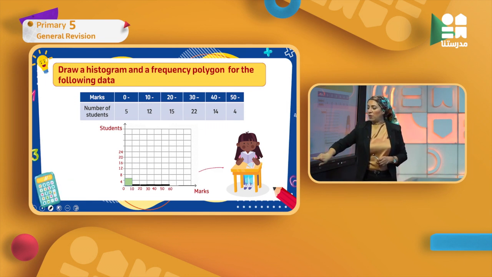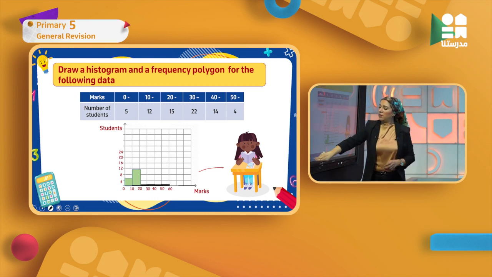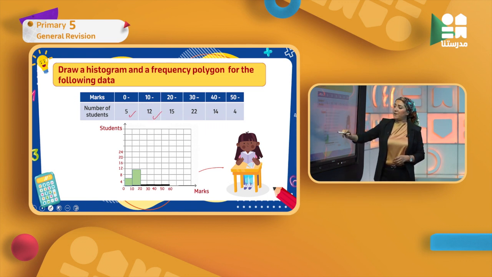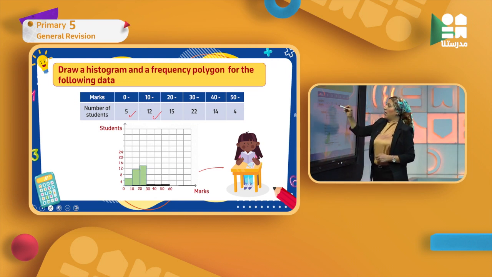So here it's 12. Now from 20 to 30 I have 15, so it will be a little less than 16. Okay.